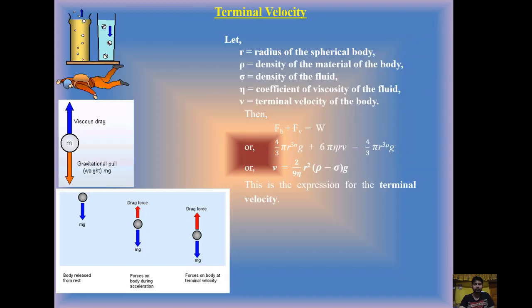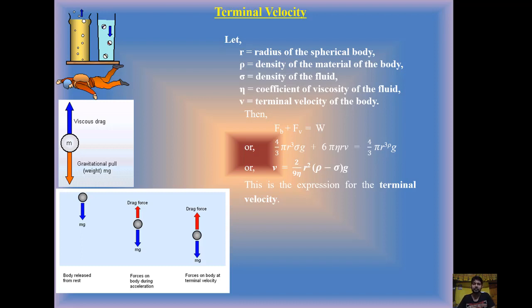Now, for the expression of the terminal velocity, we consider that the radius of the spherical body is r, rho is the density of the material of the body, sigma is the density of the fluid, eta is the coefficient of viscosity of the fluid, and v is the terminal velocity of the body. Then the upward force equals the weight of the body.